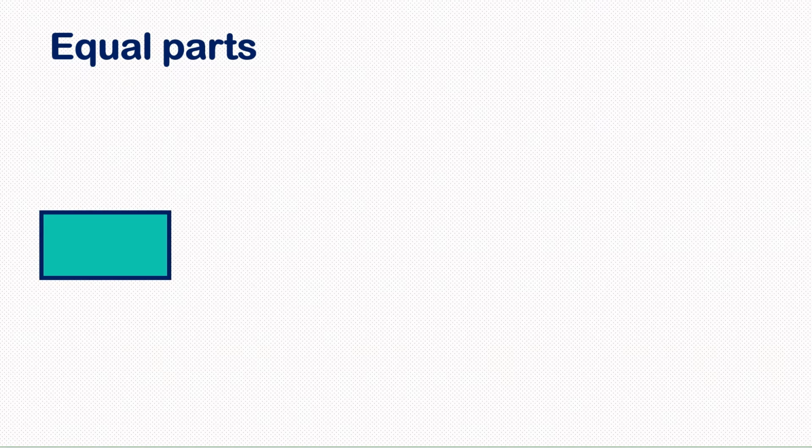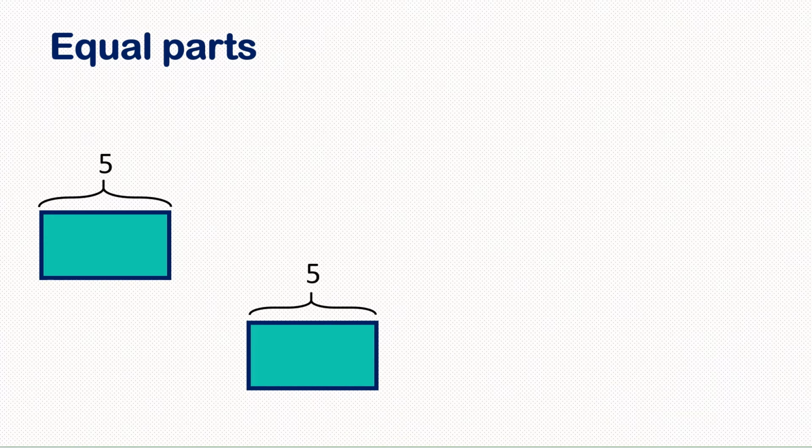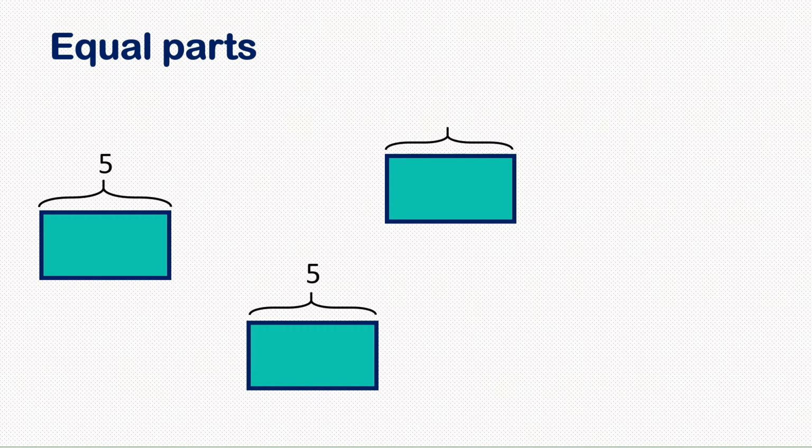Now we'll add values to the equal parts. This is value 5. This bar's value is also 5. This is another bar that is also the same as the earlier bars. Its value is also 5.